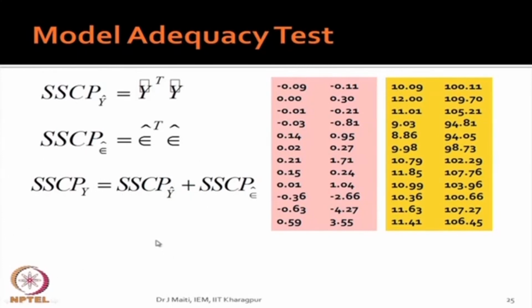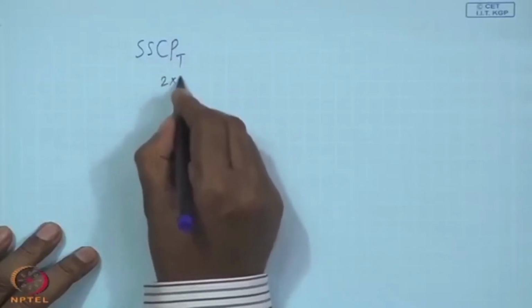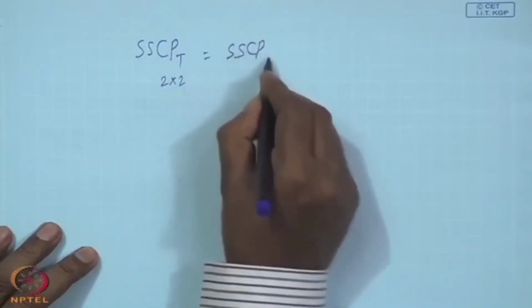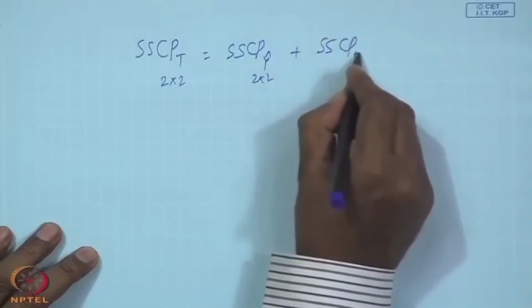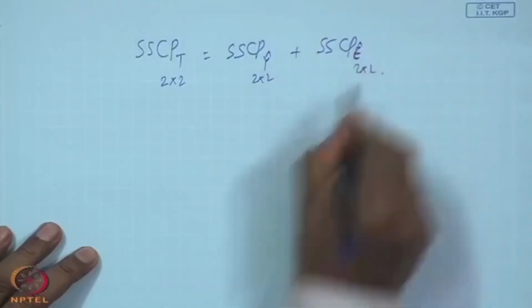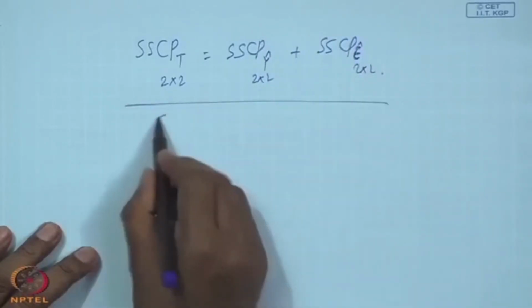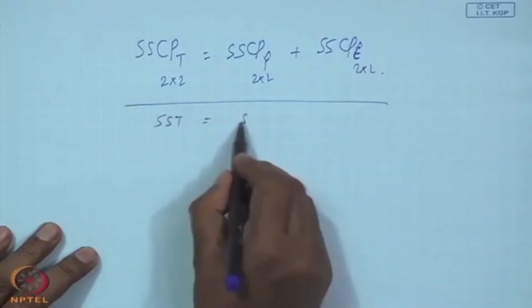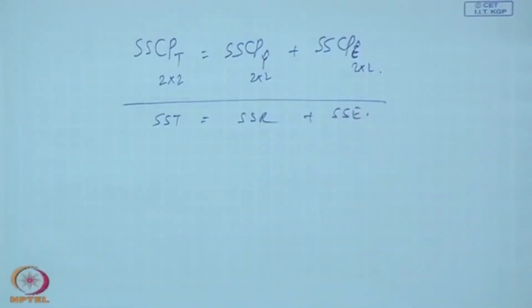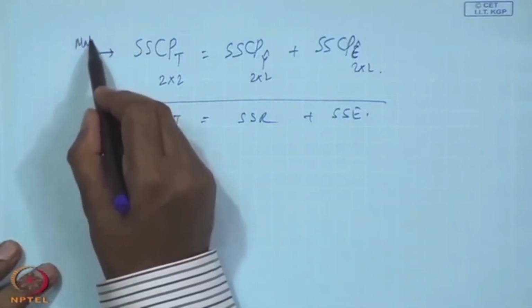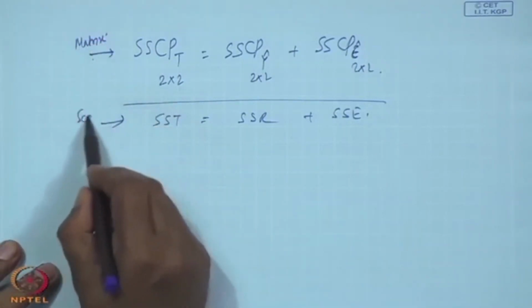So, in this example, SSCP total, that will be 2 cross 2, equal to SSCP y cap, that will be 2 cross 2, plus SSCP epsilon cap, that will be 2 cross 2. So, it is similar to your SST equal to SSR plus SSE. The difference is this is the matrix domain, there it was scalar.